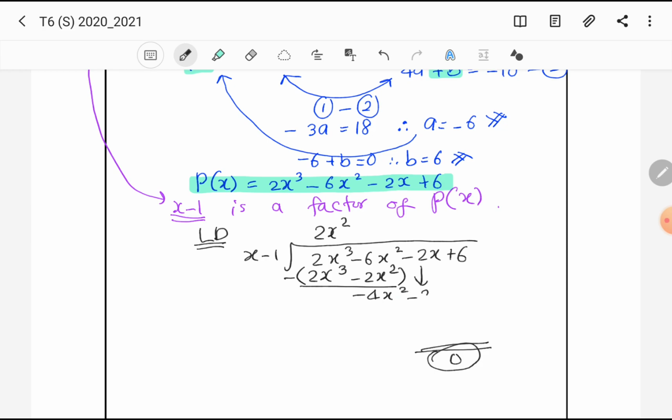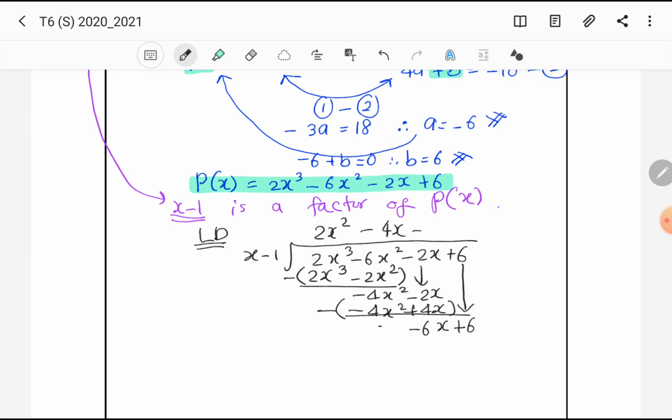We write down negative 2x. So minus 4x, negative 4x squared minus, so plus 4x. Okay, kita tolak lagi. Okay, kita tolak lagi. So kita akan dapat 0 for the first term, negative 6x, and bring down positive 6.